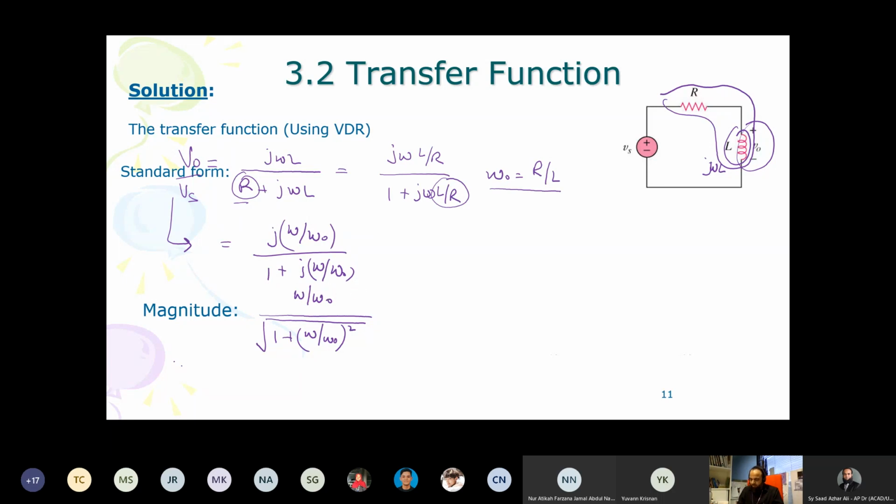To find the magnitude, we do it in both numerator and denominator. The numerator is just the imaginary part, 0 plus j omega upon omega naught, so its magnitude is omega upon omega naught.